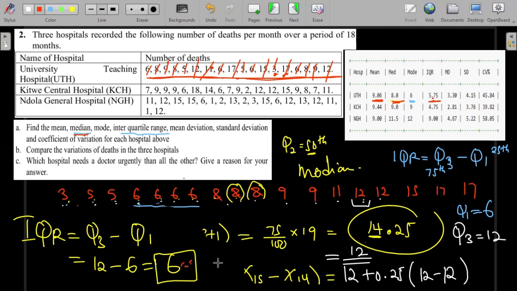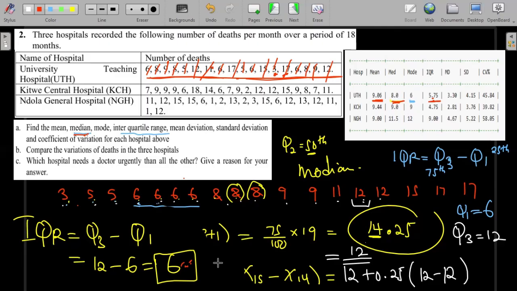Any questions there on how we found the quartiles? Yes, sir, I have a question. When finding the position that has got decimal points, isn't there any other formula that is easier to find these rather than using the interpolation?